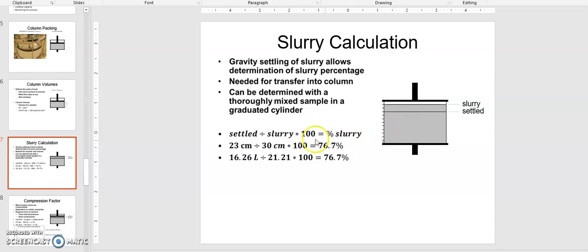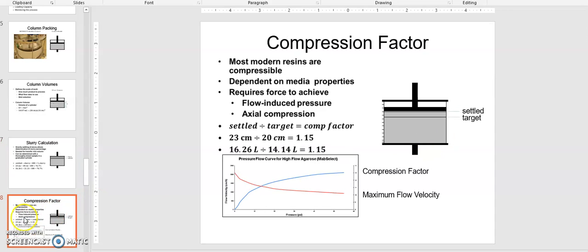So there's a percent slurry volume that needs to be calculated, and it's about 76% if you calculate it, because the settled volume is here, and the slurry volume is from here to here. Once it's settled, it becomes denser. That's what it means.